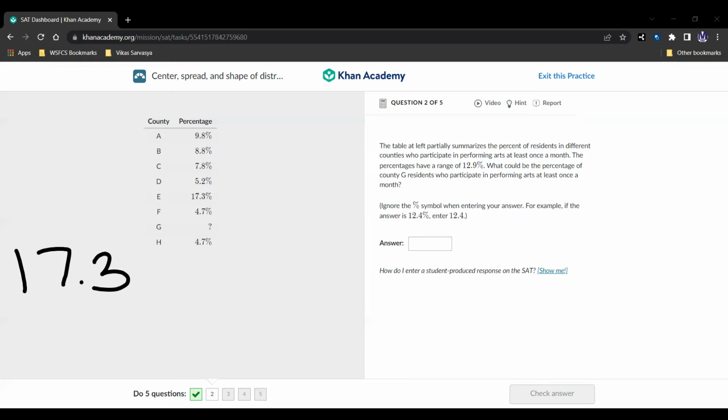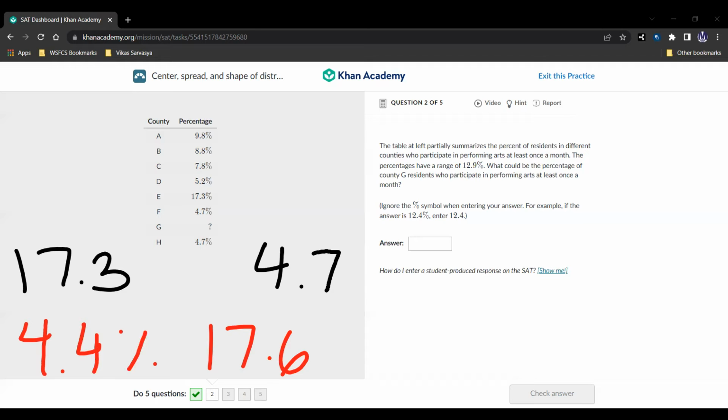The lowest is 4.7%. So if we add the 12.9% to the 4.7%, we get that the max could be 17.6%. That could be the max. And if we take the 17.3 and subtract 12.9%, we get that the min could be 4.4%.